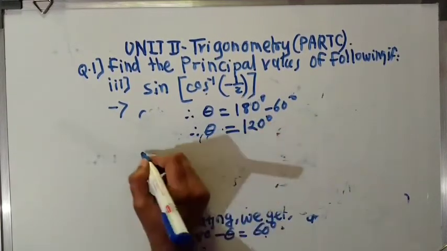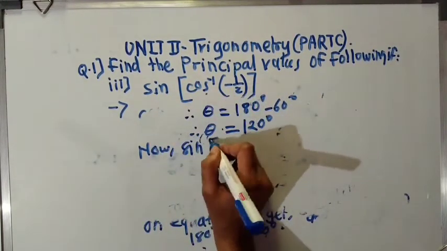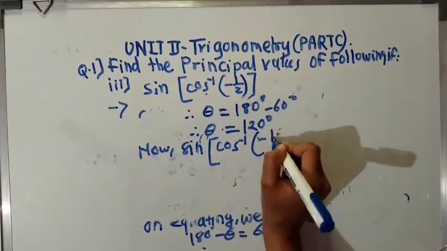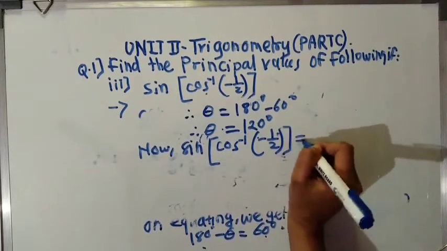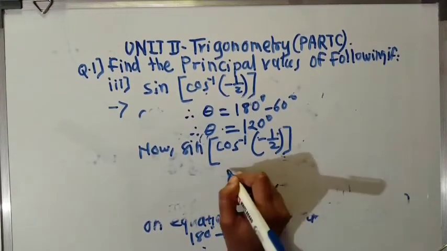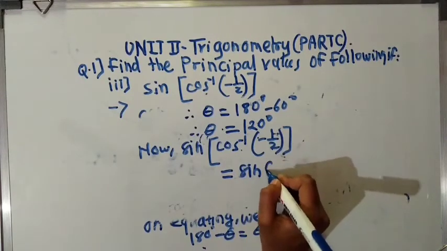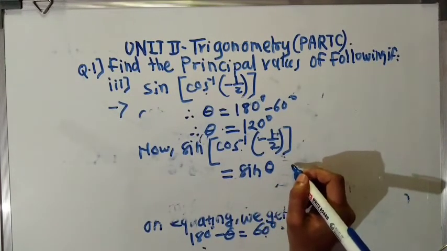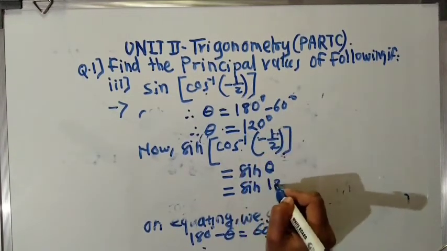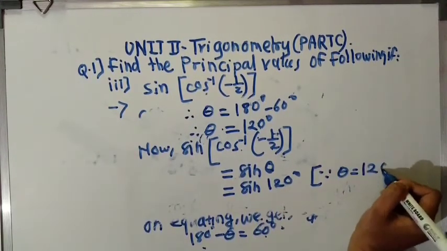Now we have to find sine of cos inverse of -1/2, which is equal to sine theta, and theta is equal to 120 degree.